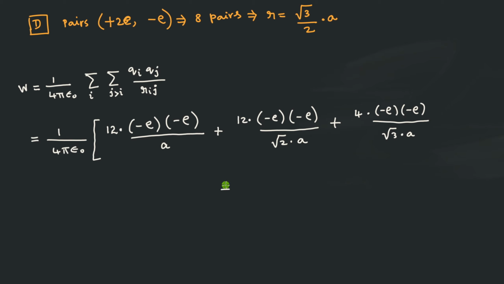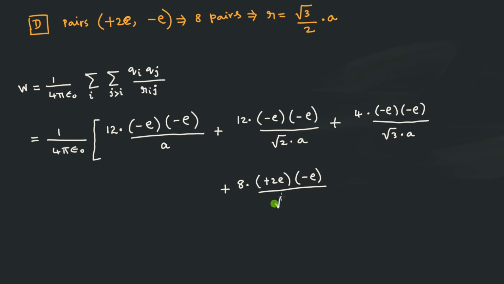Then plus, again you have 8 pairs. That means 8 terms are there. So if I add all the 8 terms, I will be getting 8 times. What kind of pair is it? Plus 2e and minus e. So I will write the first charge is plus 2e, second charge is minus e, then divided by the distance between them, which is root 3 by 2 a.